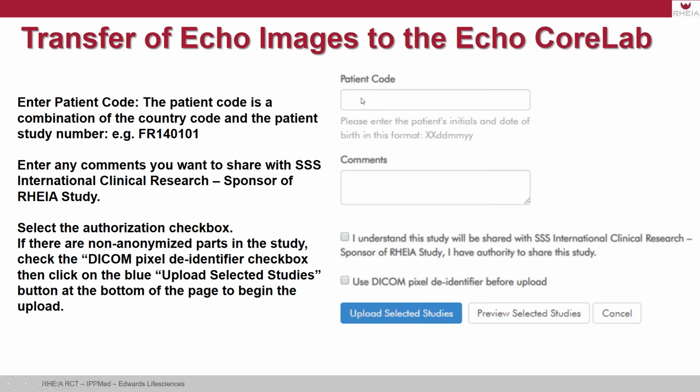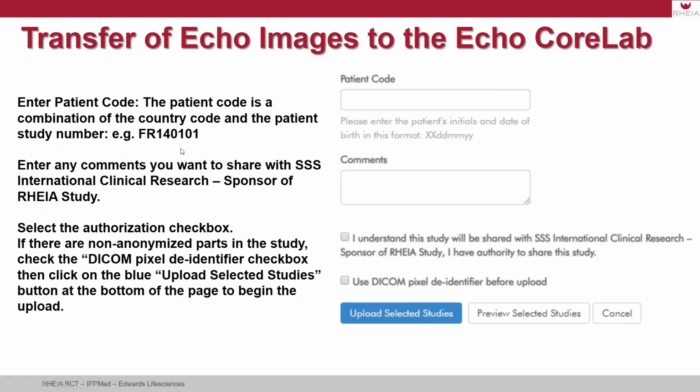entering the patient code. The patient study number has a structure. There are 2 letters that identify the country. So FR, for example, is for France. Then the first 4 digits here, 1401, are the site number. I think this is Toulouse here. And 01 is the patient number.